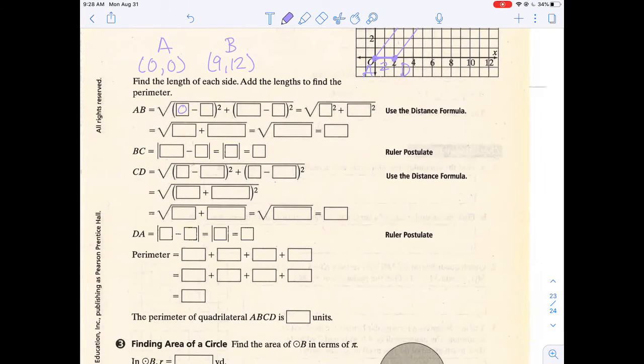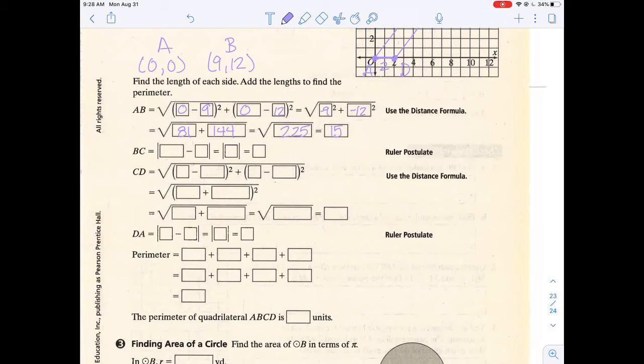So 0 minus 9 squared plus 0 minus 12 squared equals negative 9 squared plus negative 12 squared, which is 81 plus 144. If we add those together, we get 225. And if we type that in a calculator, or if you know it off the top of your head, the square root of 225 is 15. Okay, so side AB is 15.